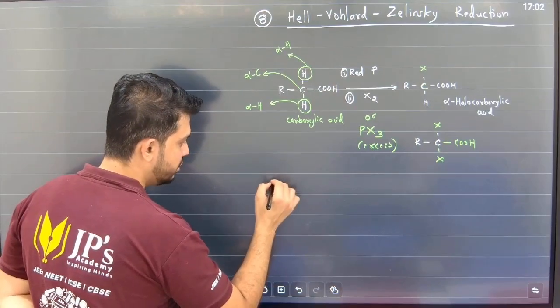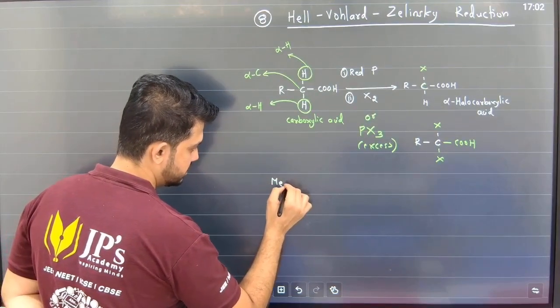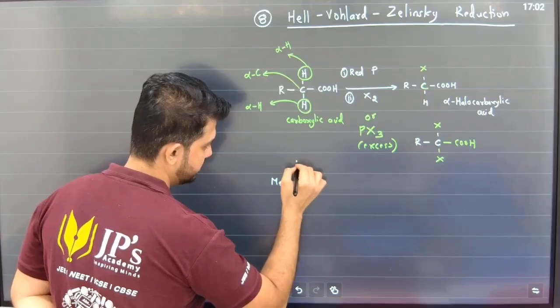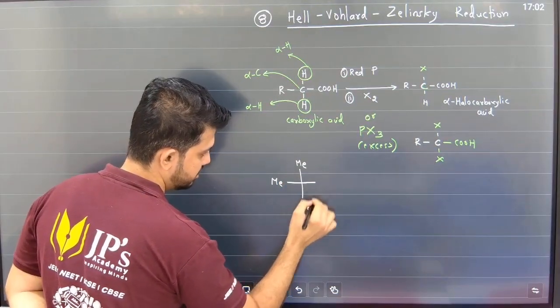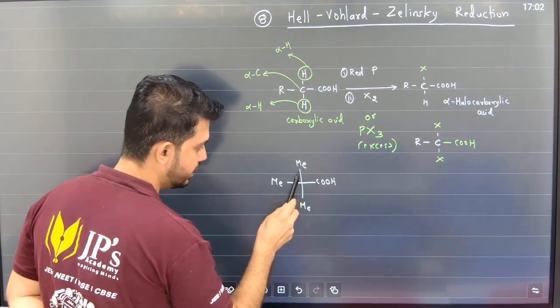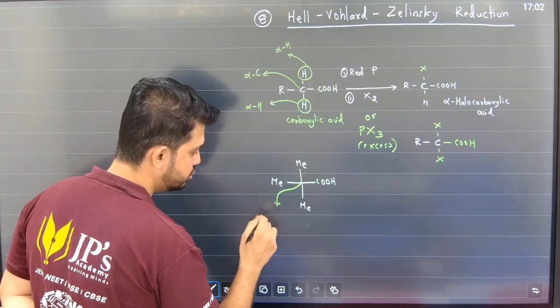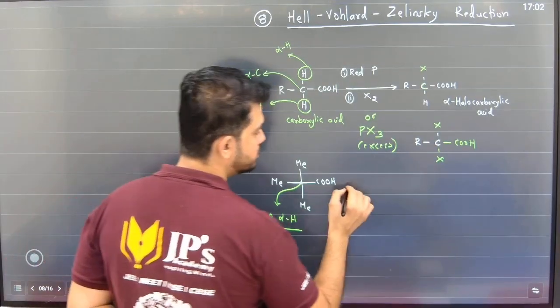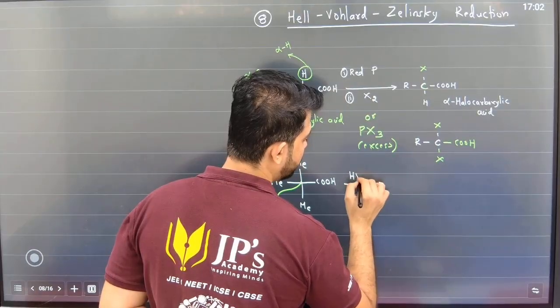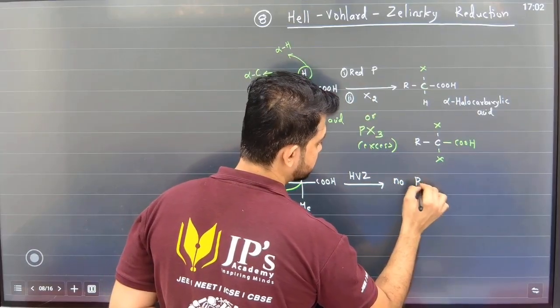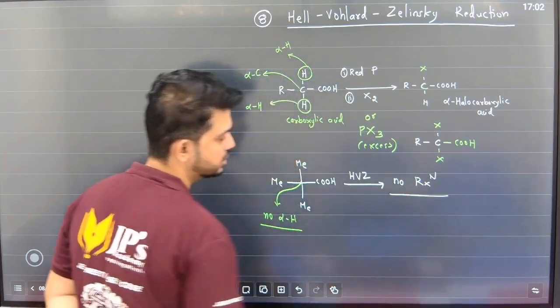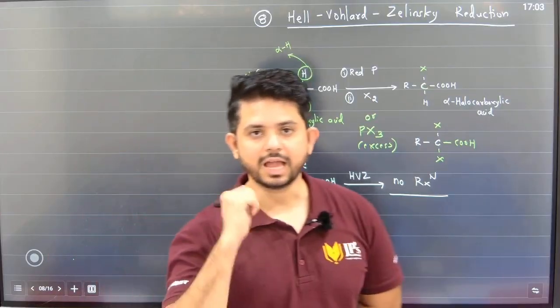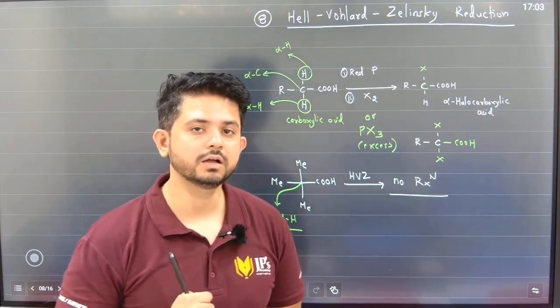Also, if there is no alpha hydrogen present, so let's say we take an example where there is an alpha carbon, but there is no alpha hydrogen. If there is no alpha hydrogen, then no HVZ reaction. HVZ reaction does not take place in the absence of an alpha hydrogen.